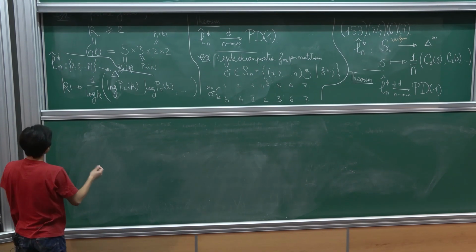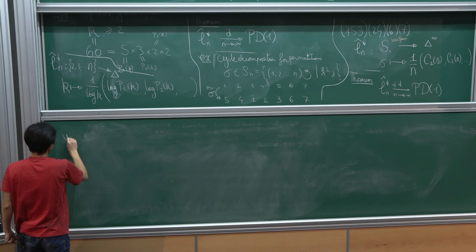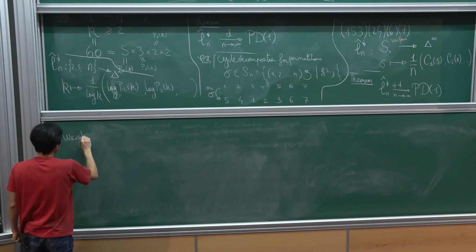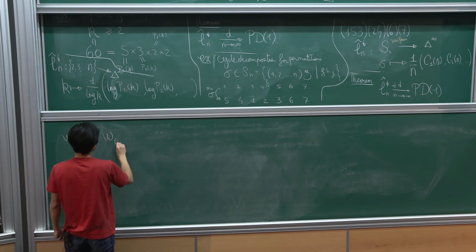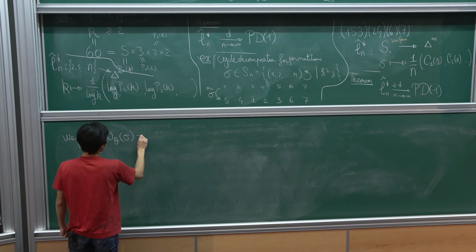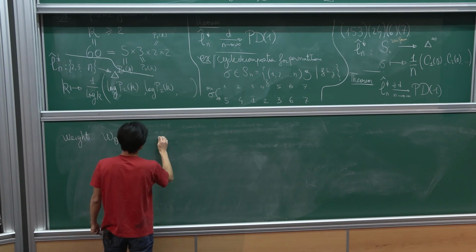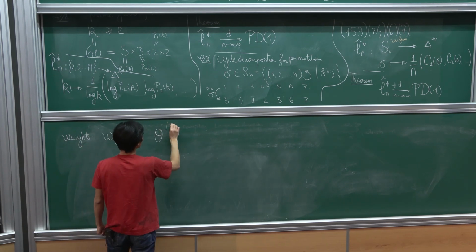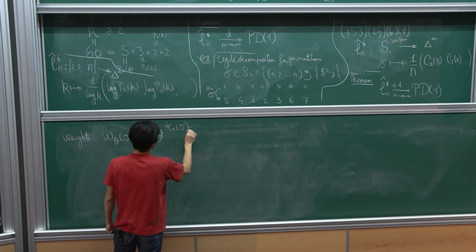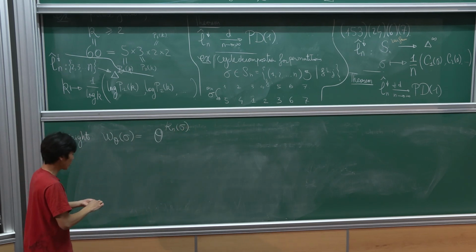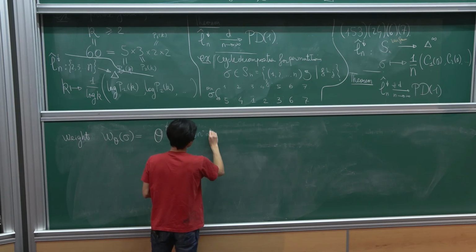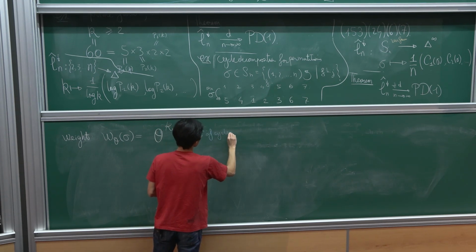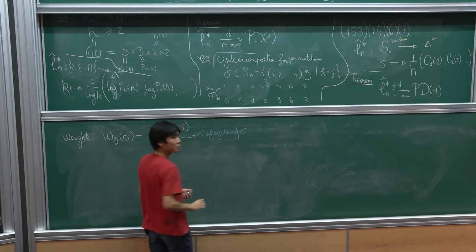By doing that, you define a weight for every permutation, which I will note gamma of sigma, equal to theta to the power of k of sigma, where k of sigma is the number of cycles of sigma.